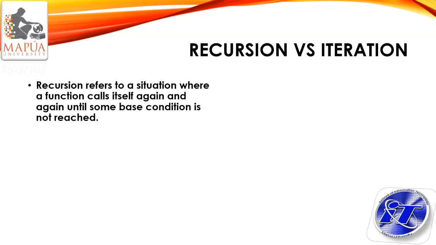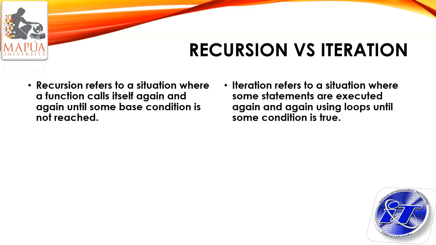While it's still true, we repeat this recursive algorithm. While iteration refers to a situation where some statements are executed again and again using loops until some condition is true. So when we meet this condition, the loop will stop.